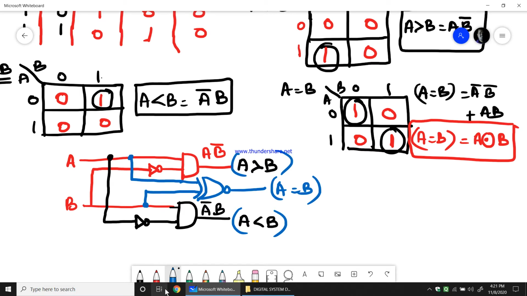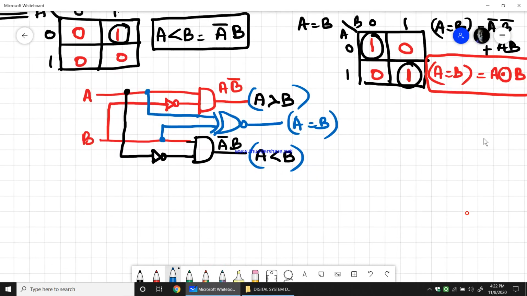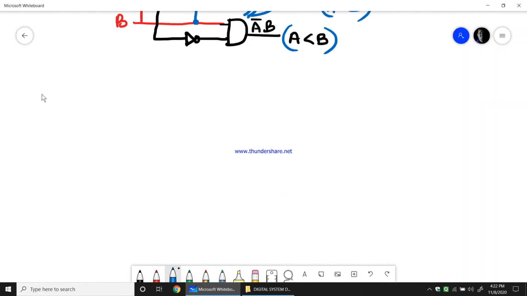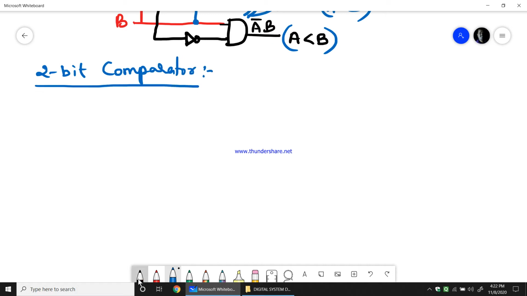Okay, now we'll see how to design the 2-bit comparator. So for 2-bit, the diagram is you have 2 A and 2 B bits.